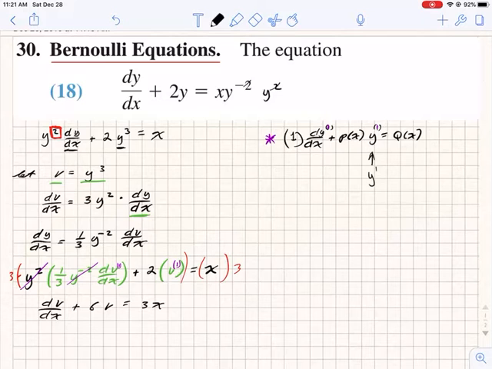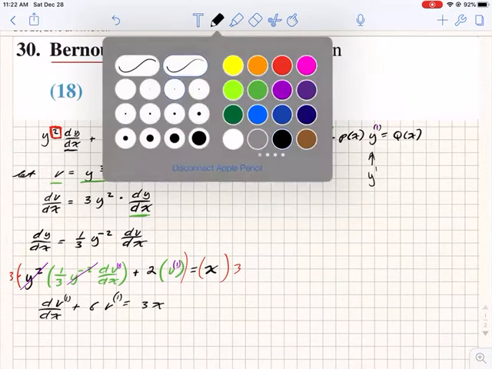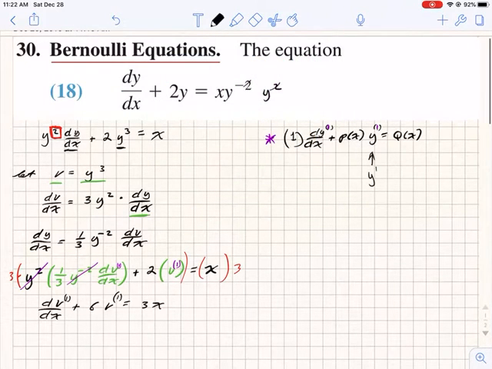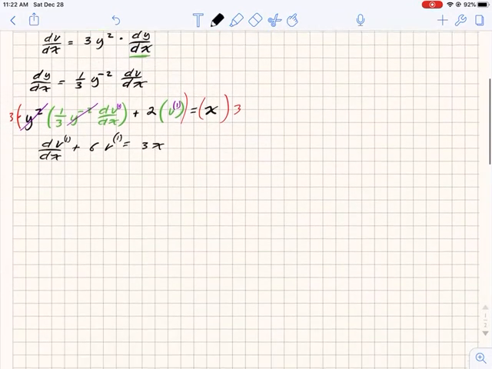Now to check, we have dv is to the first power. Our dependent variable is to the first power, and everything looks good. So now we can use the properties of a linear differential equation.